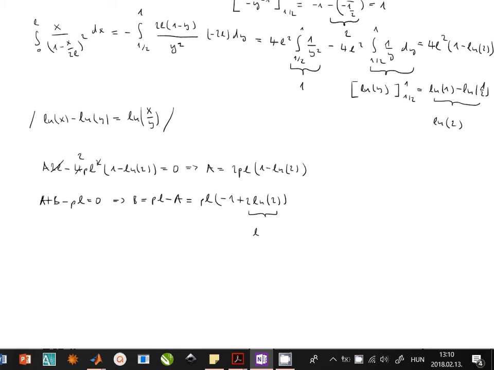And this is actually natural logarithm 2 squared. So the final result is PL times (natural logarithm 4 minus 1). Okay, so here are our final results.